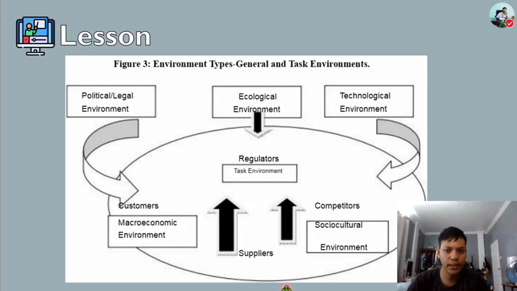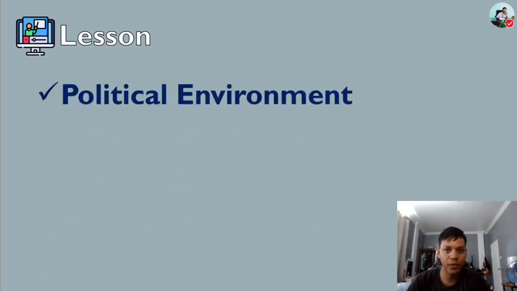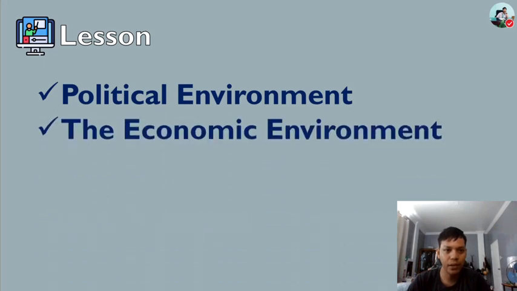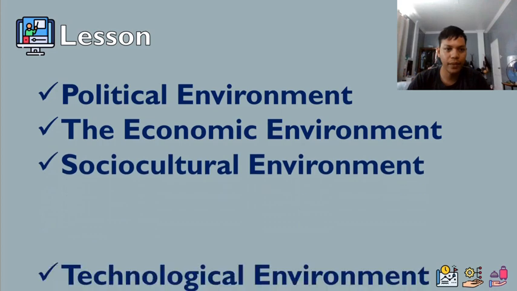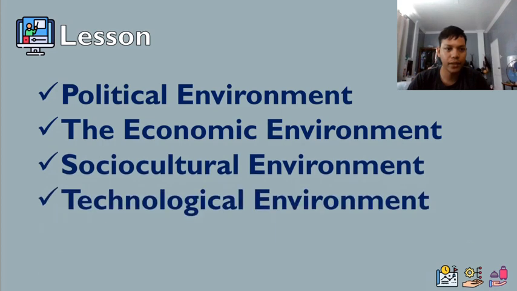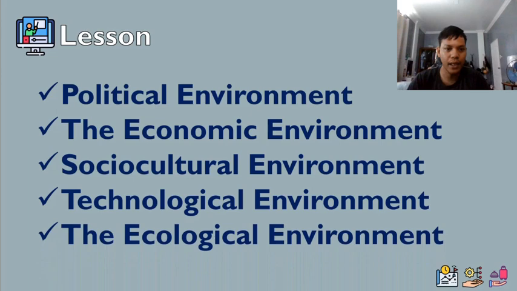We will discuss in more detail in the following sections. Again, we will focus on the 5 environments in the macro environment: political environment, economic environment, socio-cultural environment, technological environment, and lastly the ecological environment.